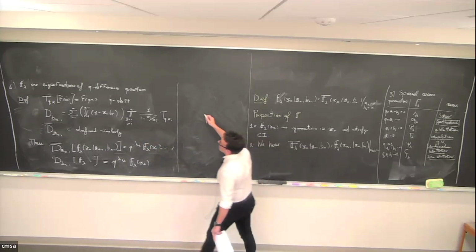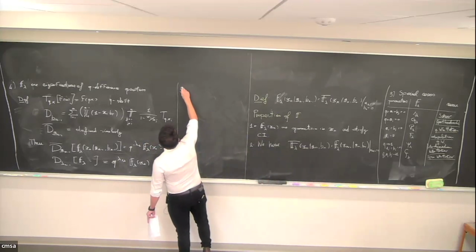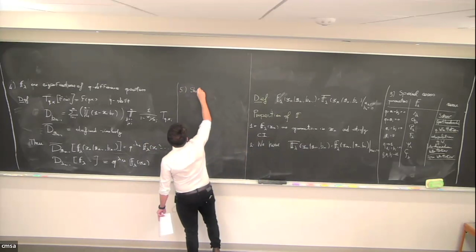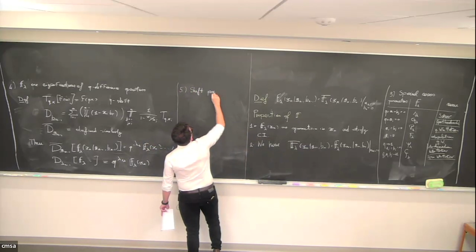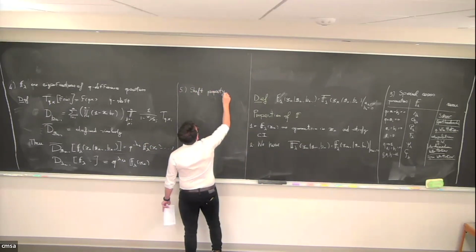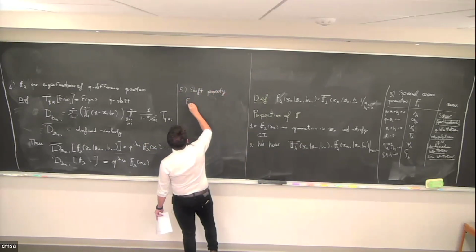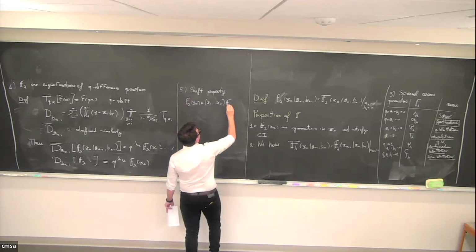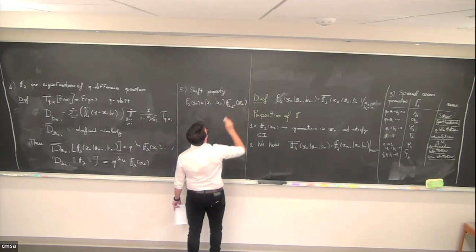So, 5. You can extend the polynomials f_lambda to Laurent polynomials. There is something called the shift property, which is that f_lambda(x_n) is equal to x_1 ... x_n times f_{lambda minus 1^n}(x_n).